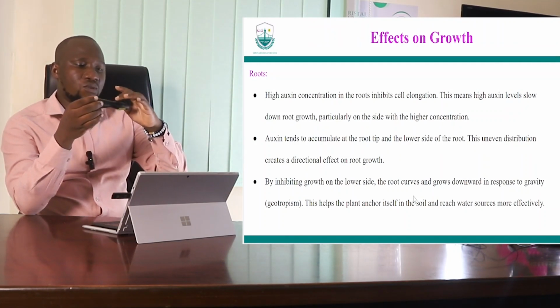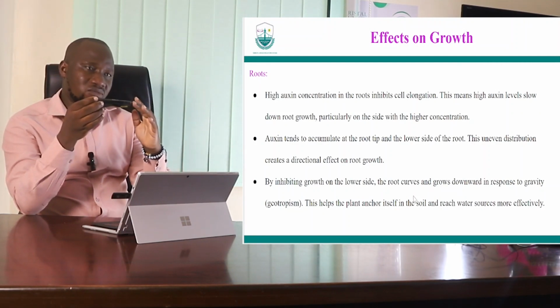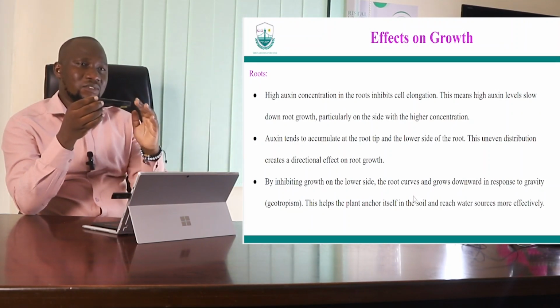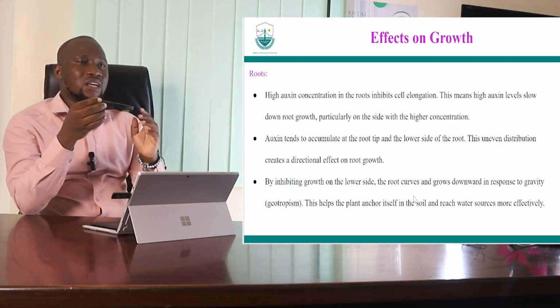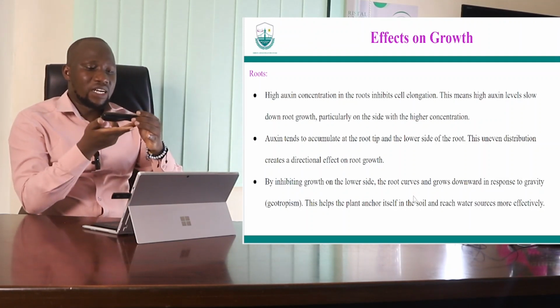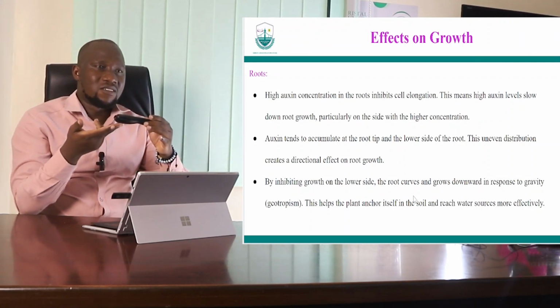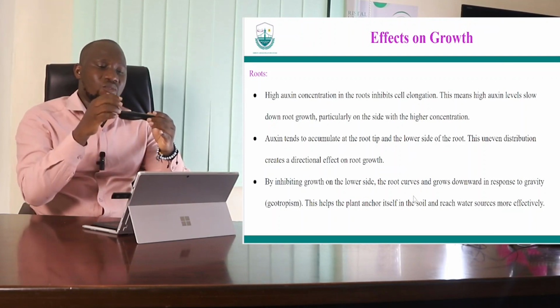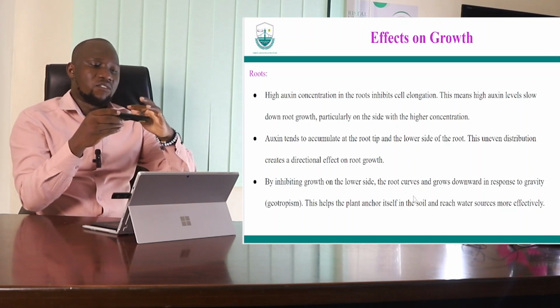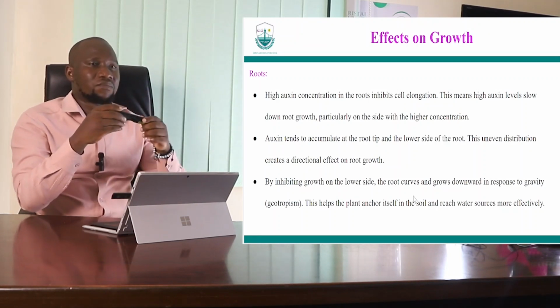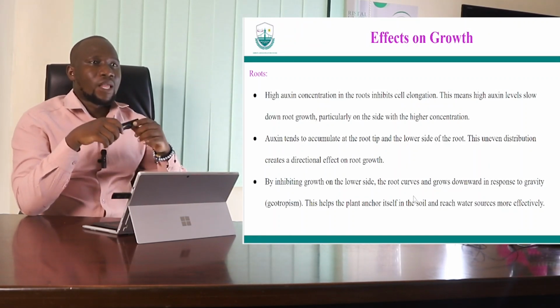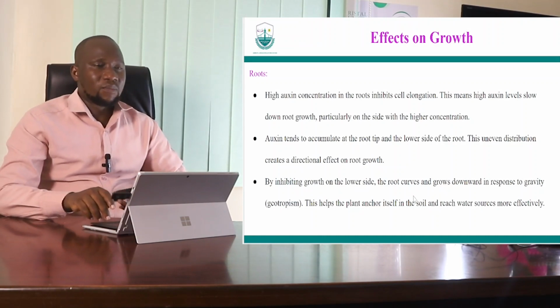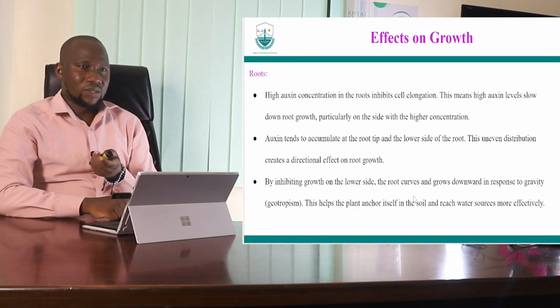When it grows more, it will curve downwards. The part which has more auxins will not grow at the same rate as compared to it. That's why we have the roots growing downwards. So that is an explanation that you need to be aware of there.